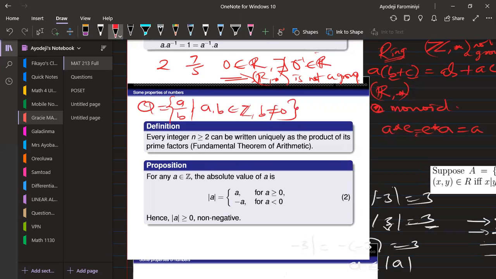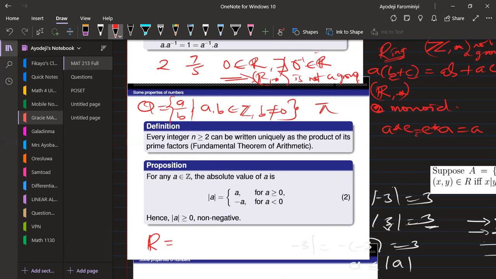So real numbers are like an extension of rational numbers. We add irrational numbers to the rational numbers. There are a lot of numbers that cannot be written as a over b. An example is pi. Pi cannot be written as a over b.